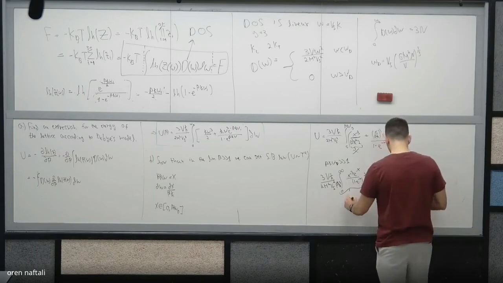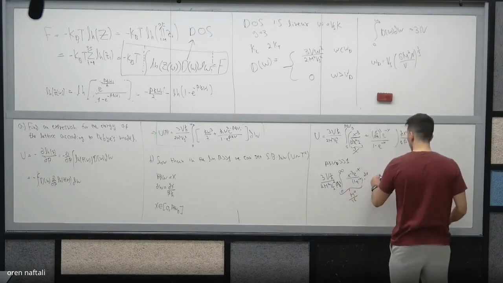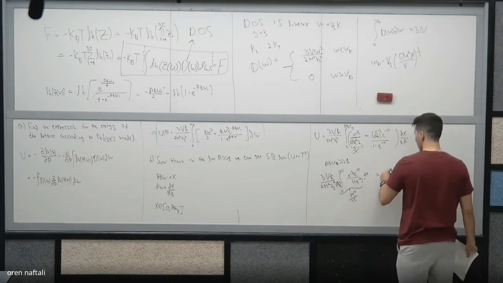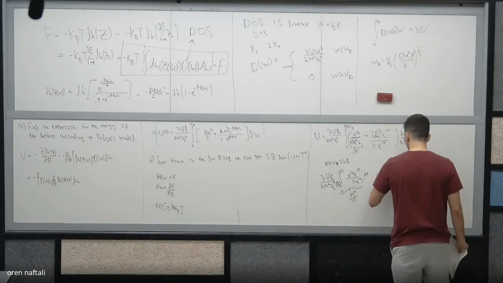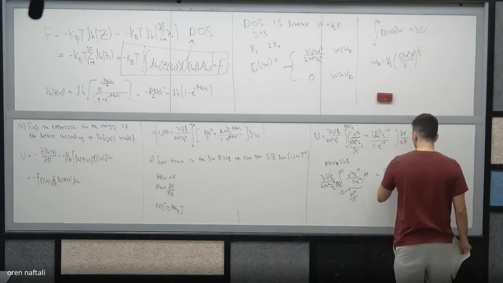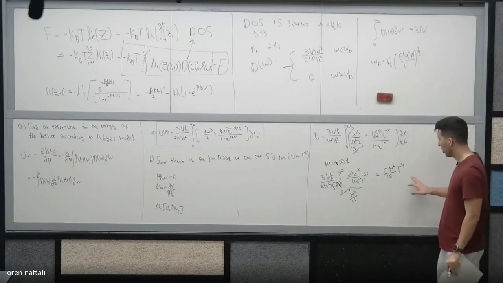It's pi to the 4th over 15. So the result is just some constant. I don't care. And this is exactly what we wanted.